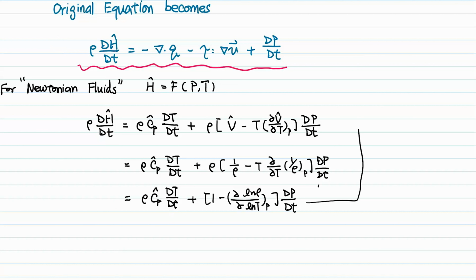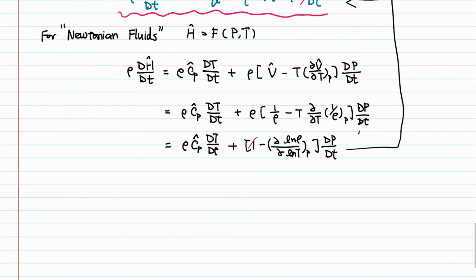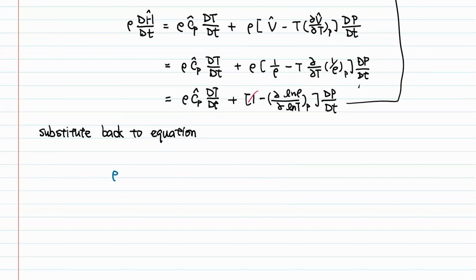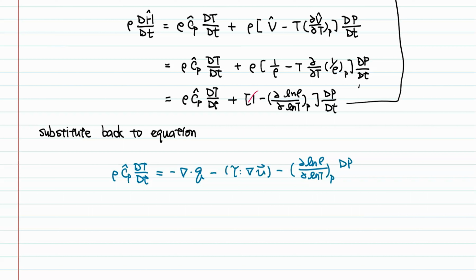Okay, so if you substitute this back into our equation, you can see that the DP/Dt terms drop out from here, and we get rho Cp DT/Dt equals negative gradient of heat conduction minus heat dissipation by viscous dissipation minus partial natural log rho over partial natural log T at constant pressure times DP/Dt.